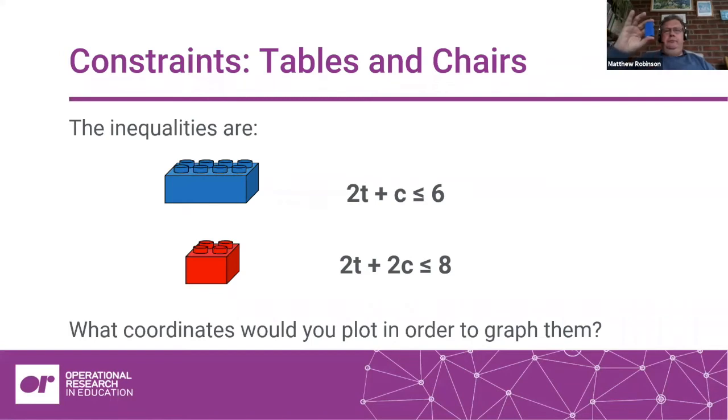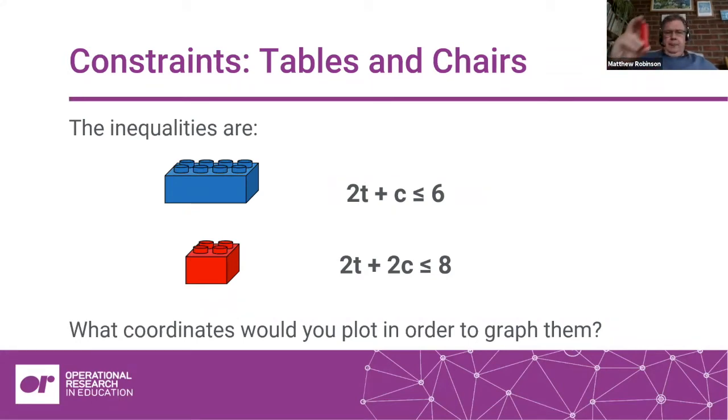So 2 times the number of tables plus 1 for each chair we use has got to be less than or equal to 6. We have 6 bricks in total. 2 times the number of tables plus 1 times the number of chairs has got to be less than or equal to 6.